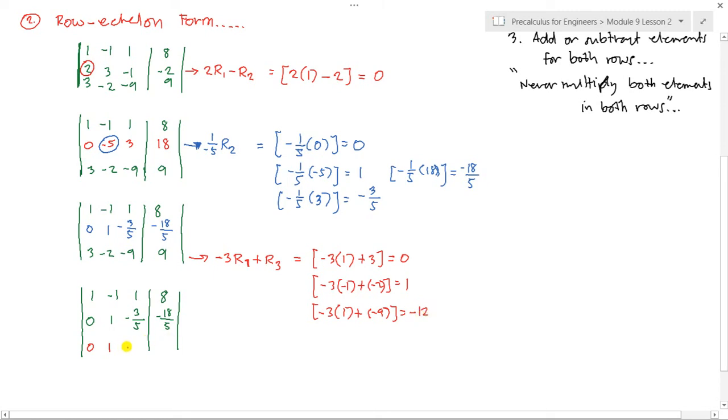Okay, so put here negative 12. Next. Last, we have negative 3 multiplied by 8, column 4, row 1. Then match it with column 4, row 3, so plus 9. What is the answer, class?